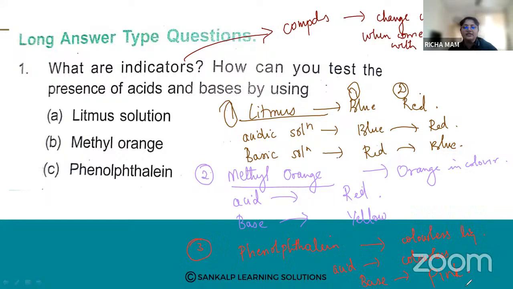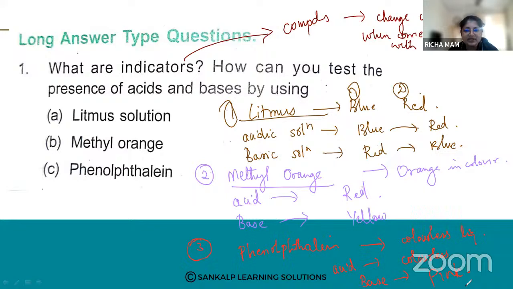So what are indicators? These are the compounds which will change color when they come in contact with acid or bases. Litmus solution is like a purple dye. Basically two types of litmus are present, blue litmus and red litmus. If you have an acidic solution, blue litmus will turn into red.